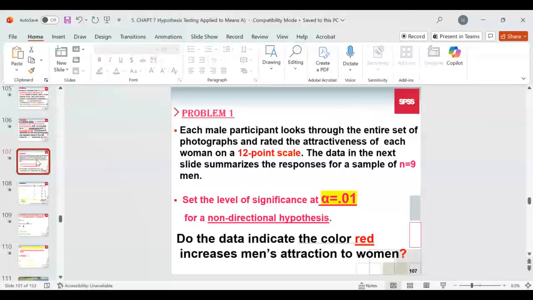We set the significance level at 0.01 and used a non-directional, or two-tailed, hypothesis. So we wanted to know if the data indicates the color red increases men's attraction to women.